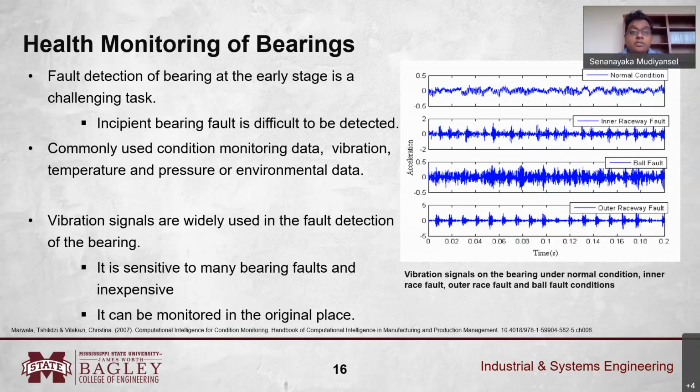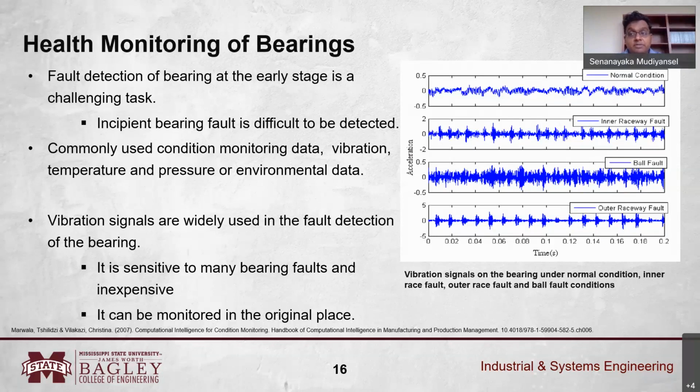The commonly used condition monitoring data is vibration, temperature, pressure, and environmental data. On the right hand side, you may see a type of vibration signal. If there is a fault in the bearing, the vibration signal is going to be different, or deviate from the normal condition.